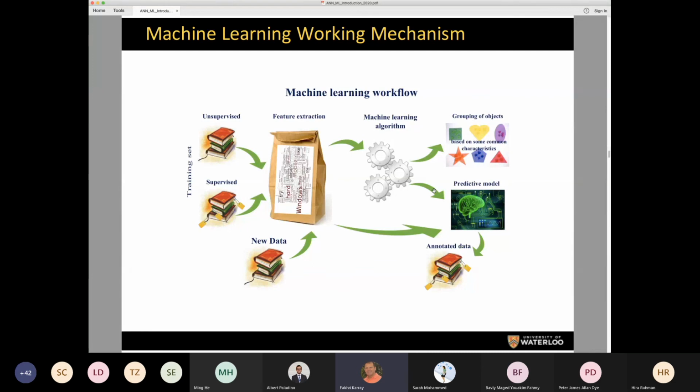Once we have the labeled data, then we can enrich that model with new data, which are going to be annotated data and labeled data that could be utilized later on by people for their training sets.